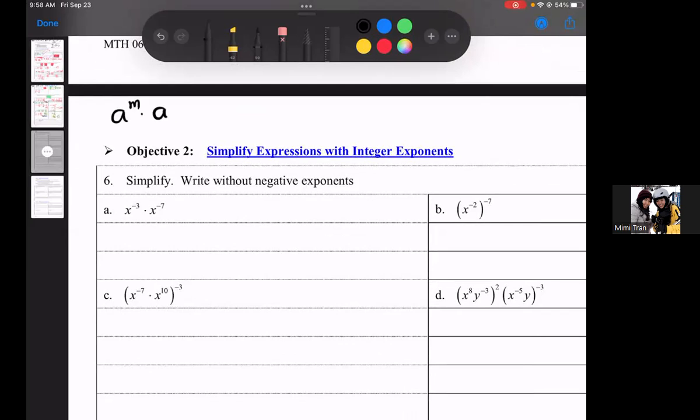At least you know this part. It's the same rule, right? You have two bases, all you do is add the exponents. So x to the negative 3 plus negative 7, which is x to the negative 10, the final answer. So you kind of combine the rules together.